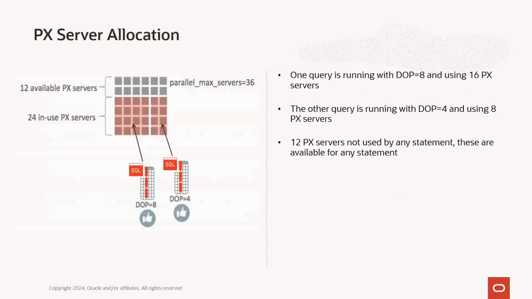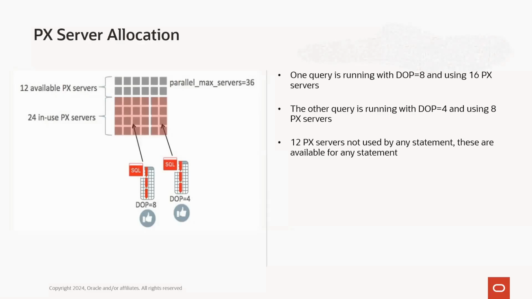Now we'll see how the PX server allocations will be done. In this case, parallel max servers is 36. Let us say one query is running with DOP 8. That means 16 PX servers it is using. Another query is running with DOP 4 and using 8 PX servers.